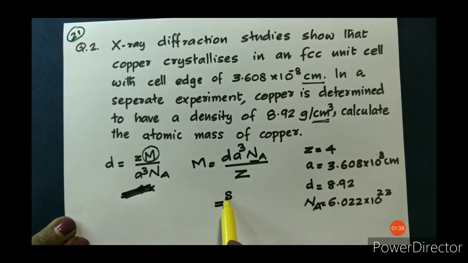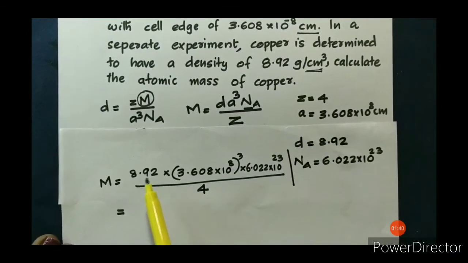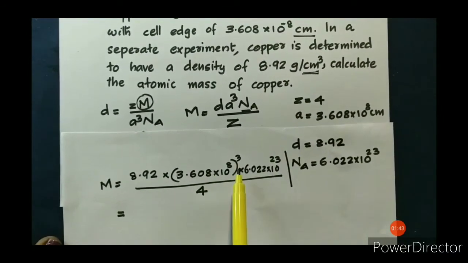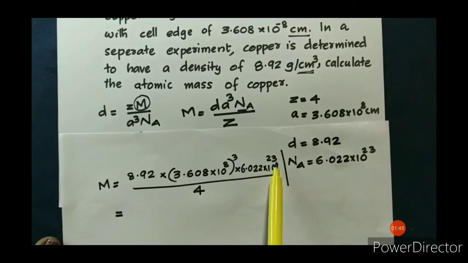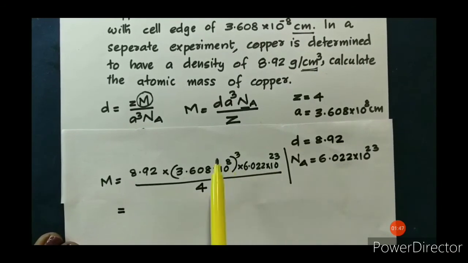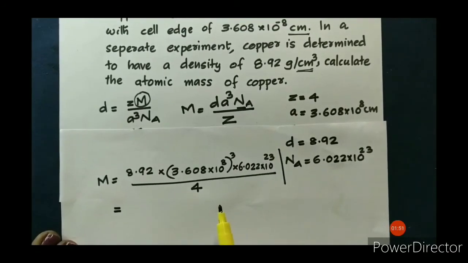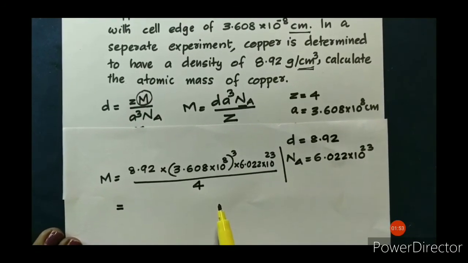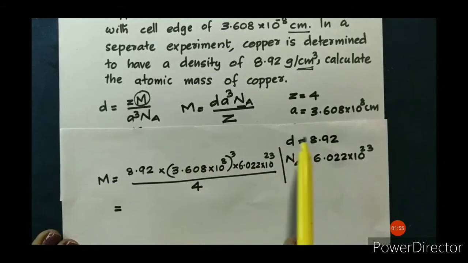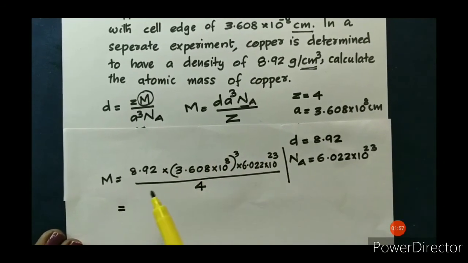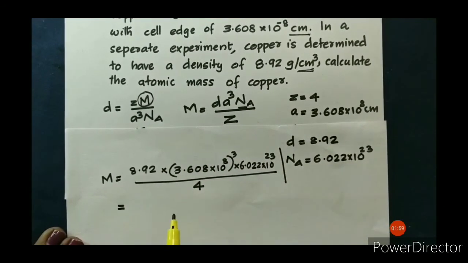Then substitute the values, then we get 8.92 into 3.608 into 10 raised to minus 8 the whole cube into 6.022 into 10 raised to 23 divided by 4. For easy calculation, the numbers are taken together and the exponential terms are taken together.